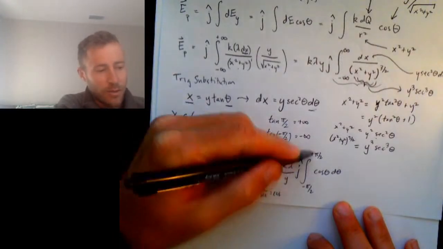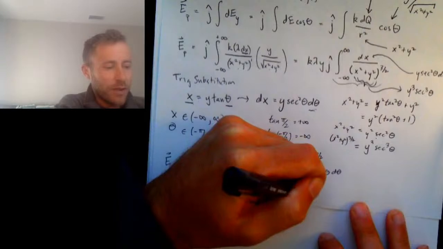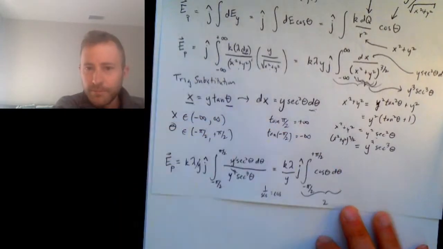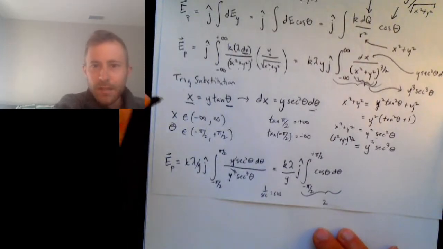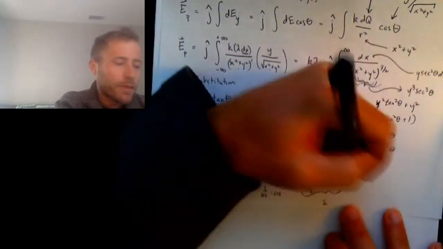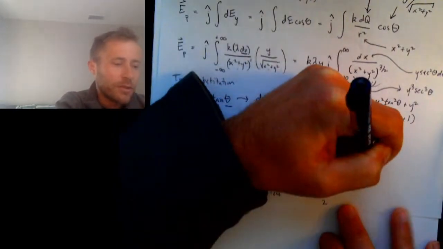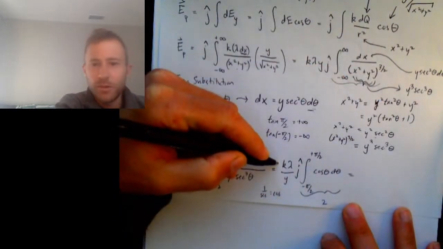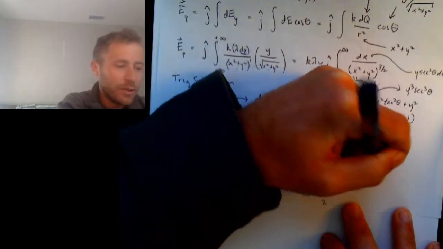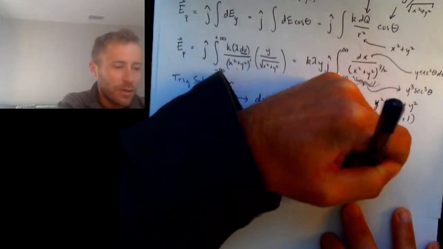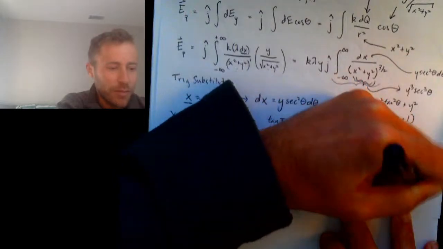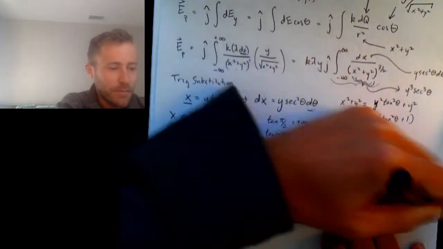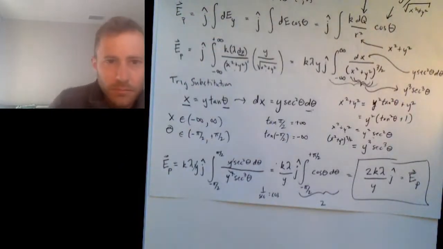And when you evaluate the limits, you get that the value of this integral is simply 2. So bringing that factor of 2 all the way to the front, we get 2k lambda over y times j hat. That is the electric field at point P. Boom!